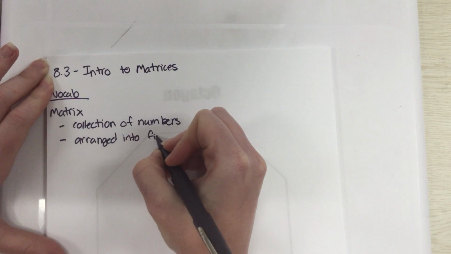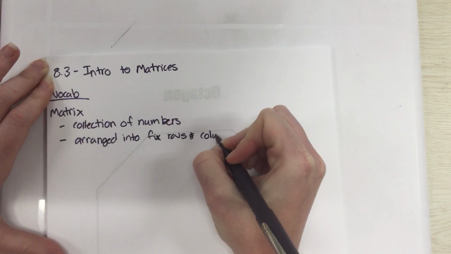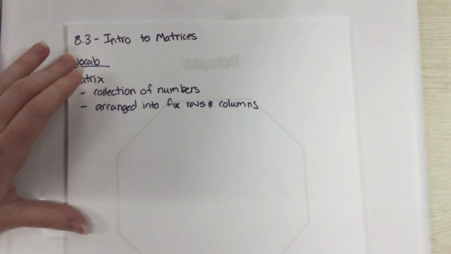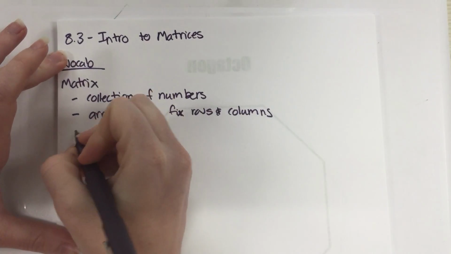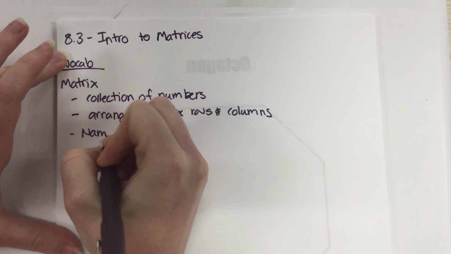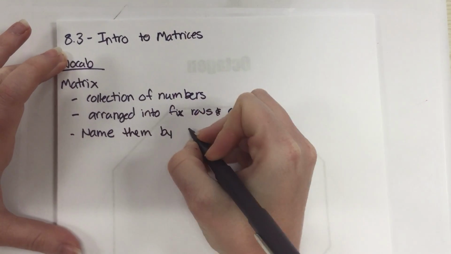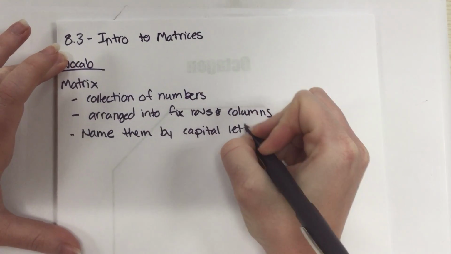And then how we're going to name matrices is by capital letters. So it'd be like capital A, capital B, capital C, things like that.